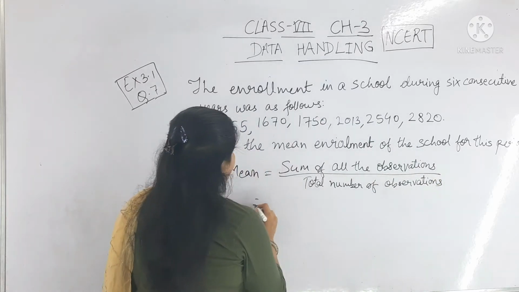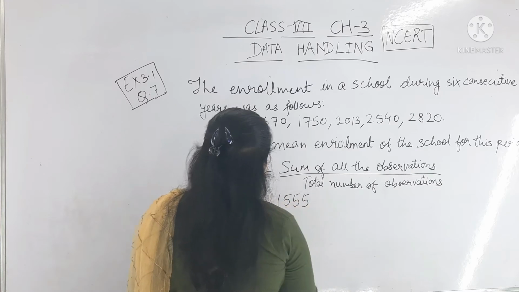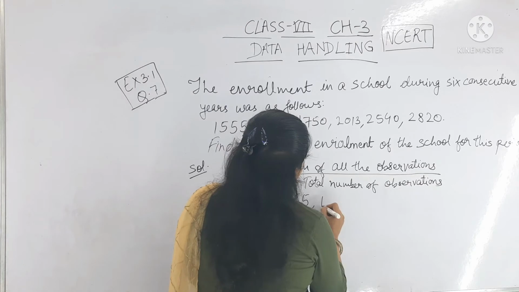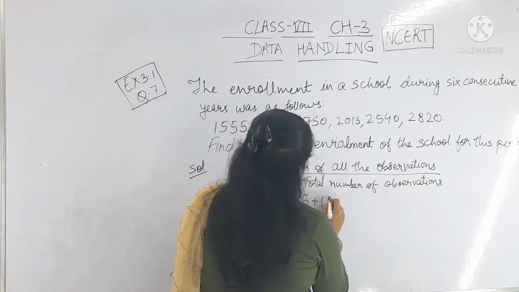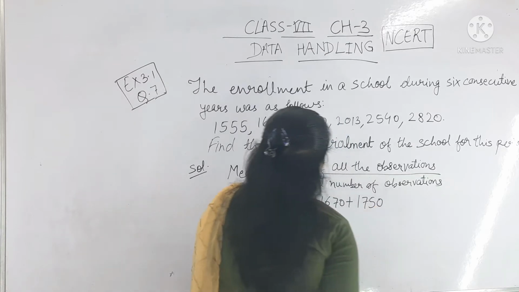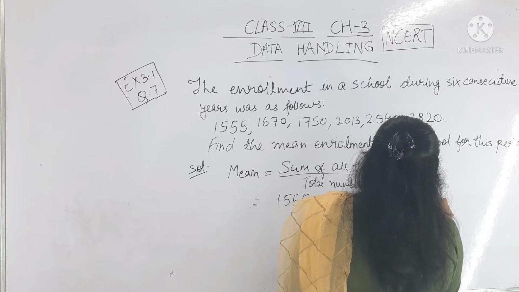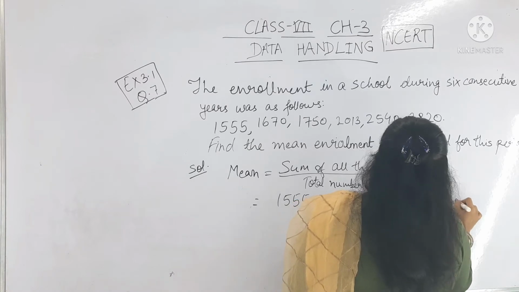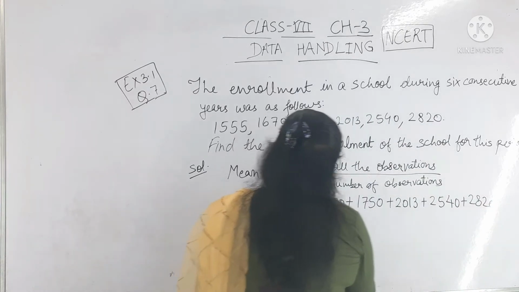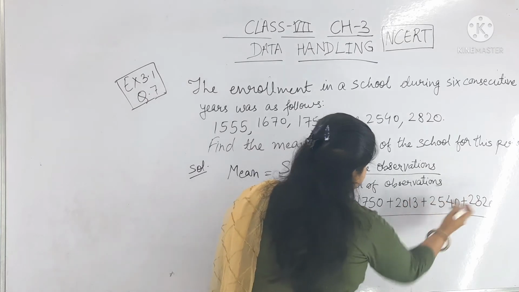So we have to sum these: 1555 plus 1670 plus 1750 up to 2820. Divide by how many numbers are there? 1, 2, 3, 4, 5, 6.